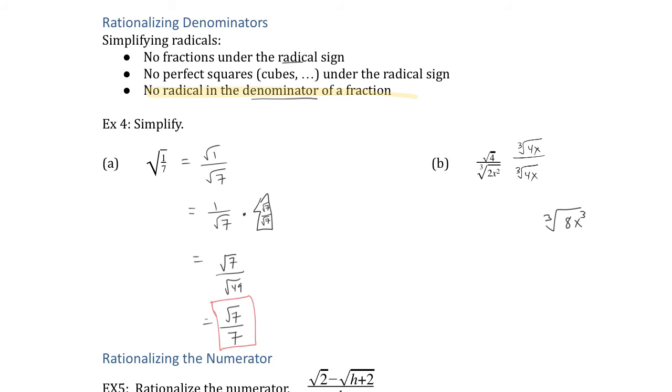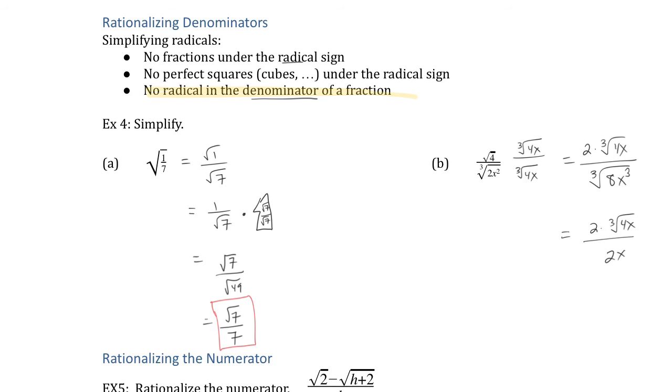Okay, so now what do we have? Square root of 4 is 2, and that's being multiplied by the cube root of 4x. And then in the denominator, we have the cube root of 8x cubed. Isn't that lovely? And I can take the cube root of that denominator, and that would be 2x.